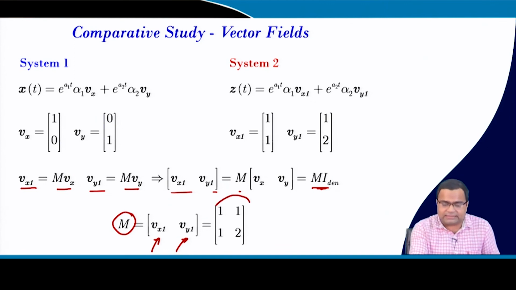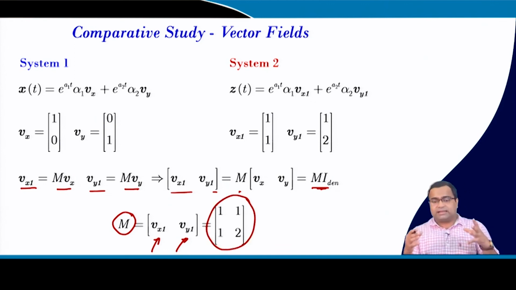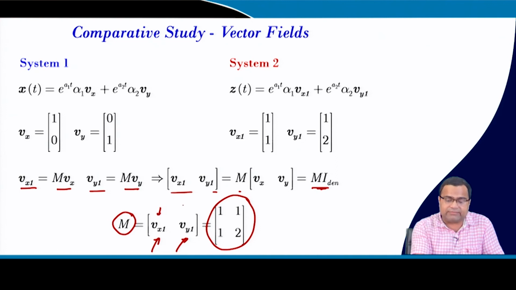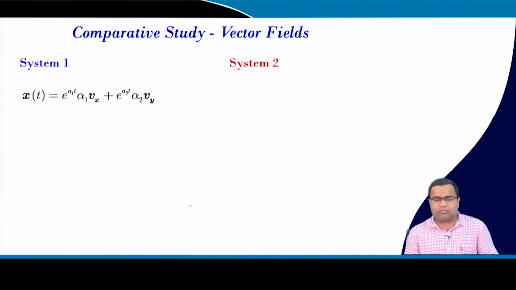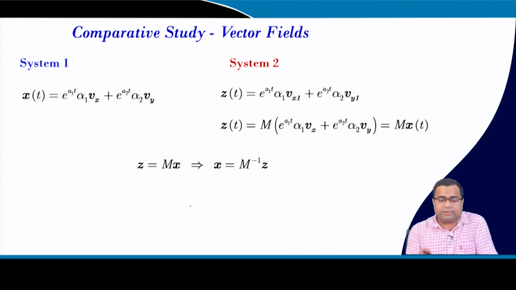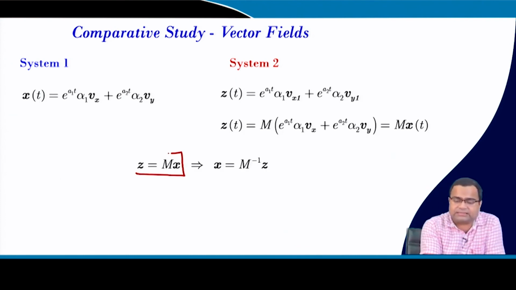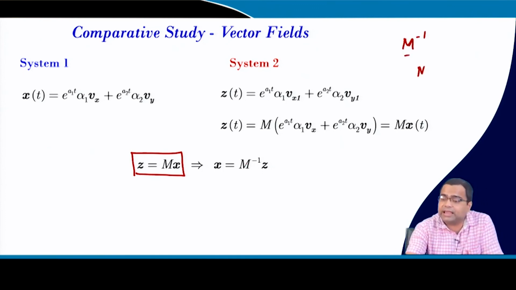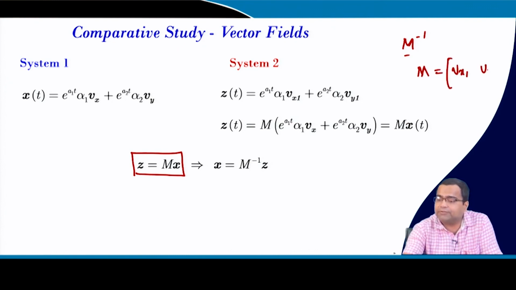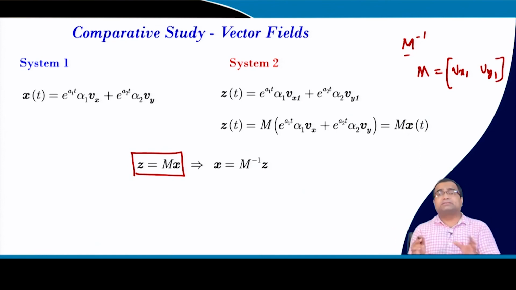Ultimately, you will find soon that these are nothing but the eigenvectors of the system which we are going to deal with. So, what is the system transformation? That means this image processing is changing the angle by means of an operator z = M times x, or you can write x = M inverse z, and this inverse exists because we have chosen M, which consists of two vectors Vx1 and Vy1, and both the vectors are linearly independent.